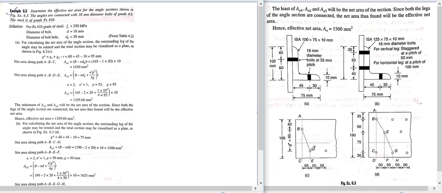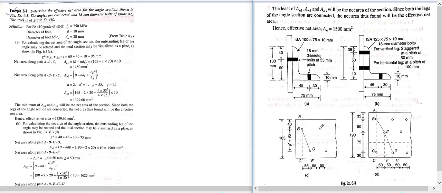Okay, then with this bolt there should be another bolt actually here, on this leg, so it should be at a spacing of 55 millimeter, and from this bolt to this bolt spacing should be 55 millimeter. So this is the figure.